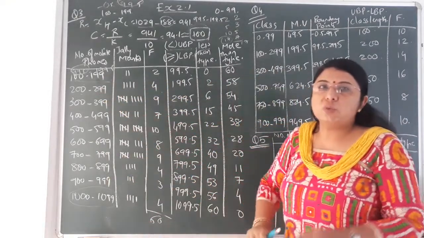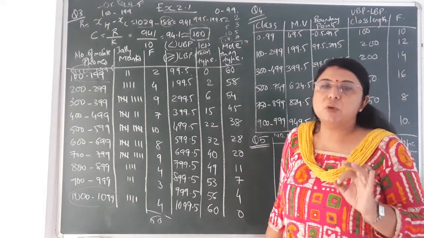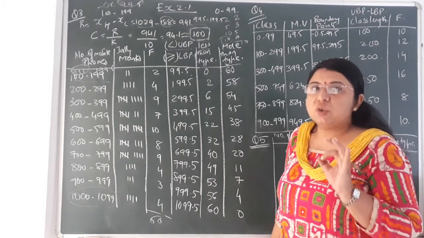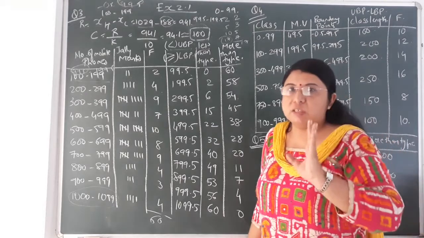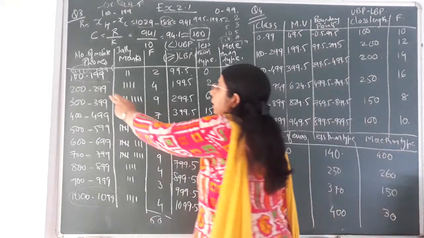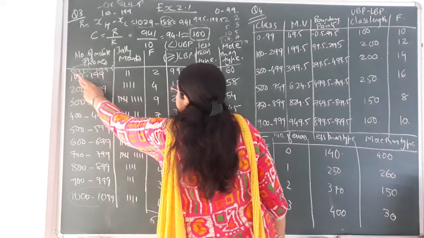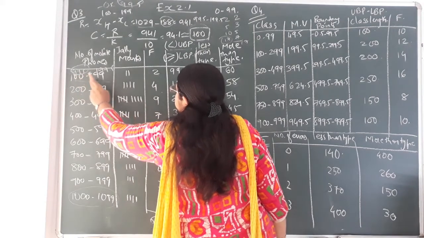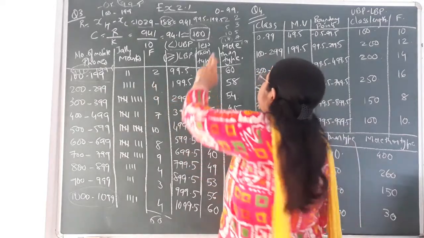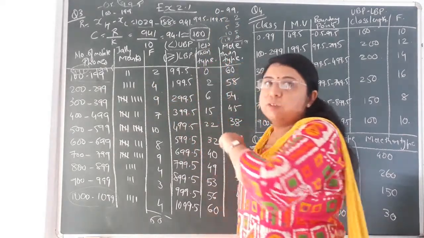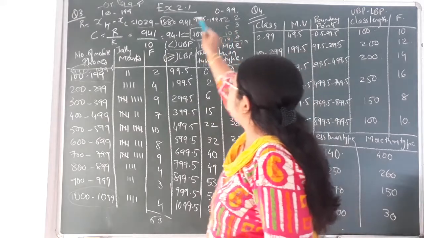So remember students, whenever you are starting with less than type cumulative frequency, always you have to start with the upper boundary point of the previous class. The first class that has been given to you is 100 to 199. The previous class of 100 to 199 would be 0 to 99, and how will we find the exclusive class? Minus 0.5.